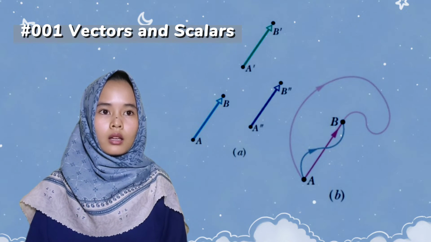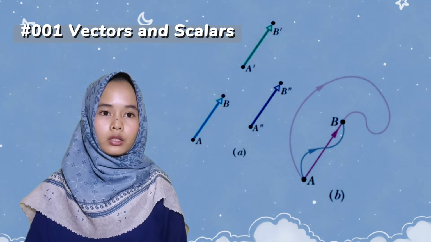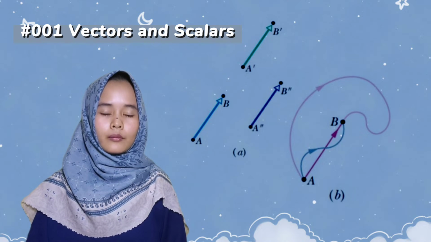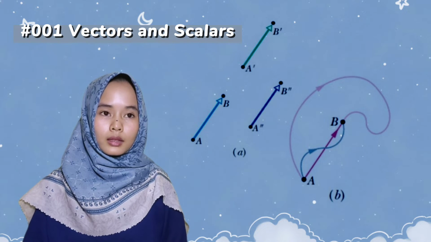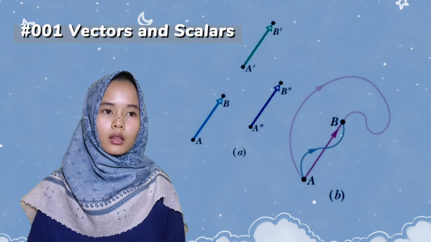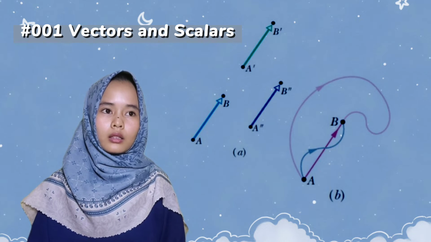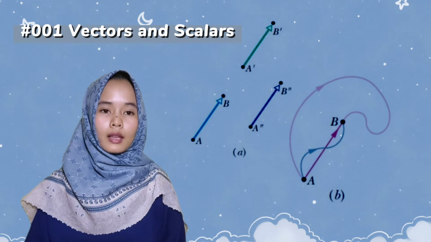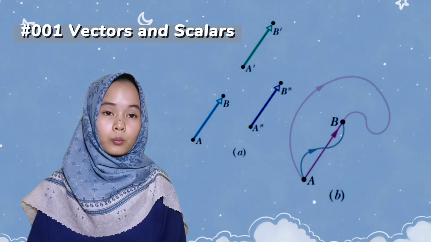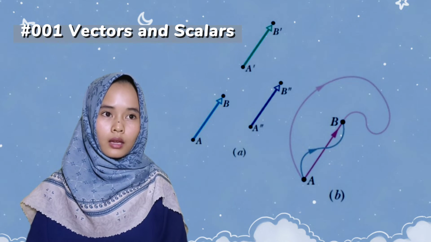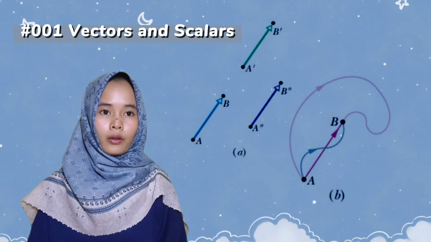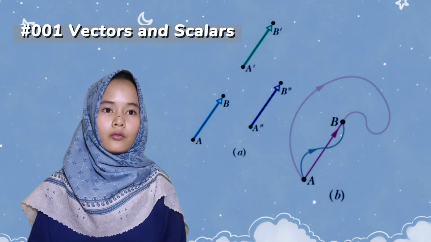A vector can be shifted without changing its value if its length and direction are not changed. The displacement vector tells nothing about the actual path that the particle takes. In Fig B, for example, three paths connecting points A and B correspond to the same displacement vector, that of Fig A.